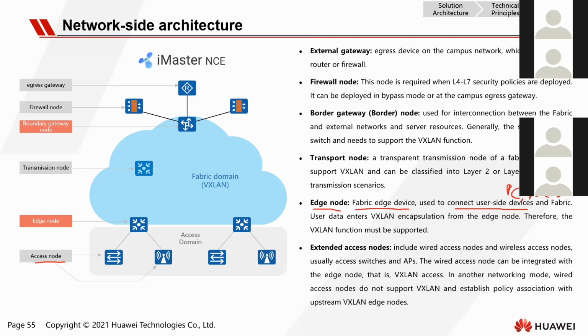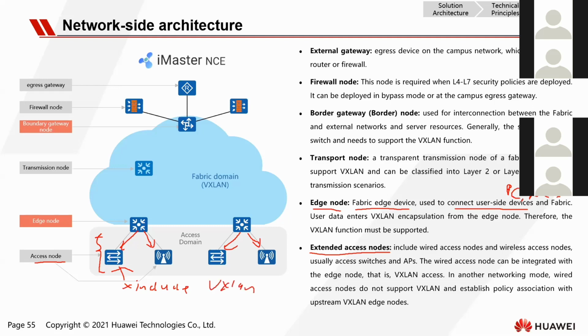Sometimes we will also connect access devices such as access nodes, switches, and APs. For extended access nodes, these parts are called extended access nodes and are not included in VXLAN.